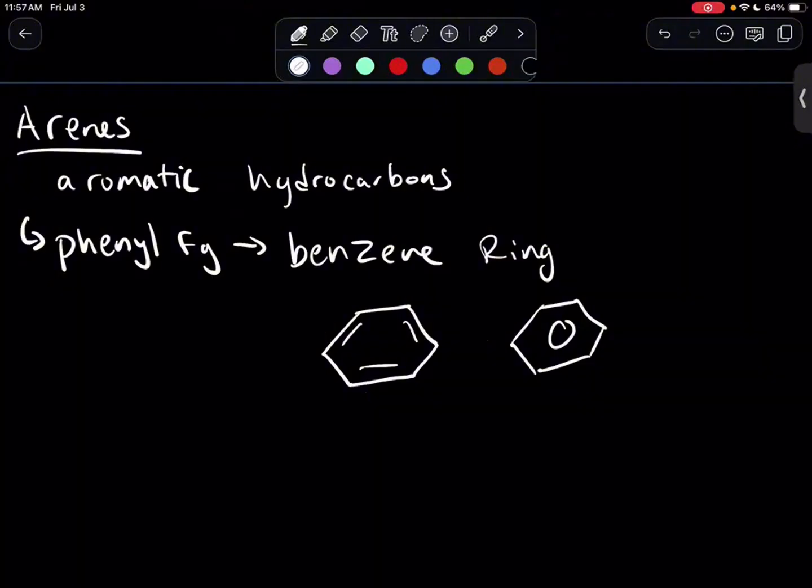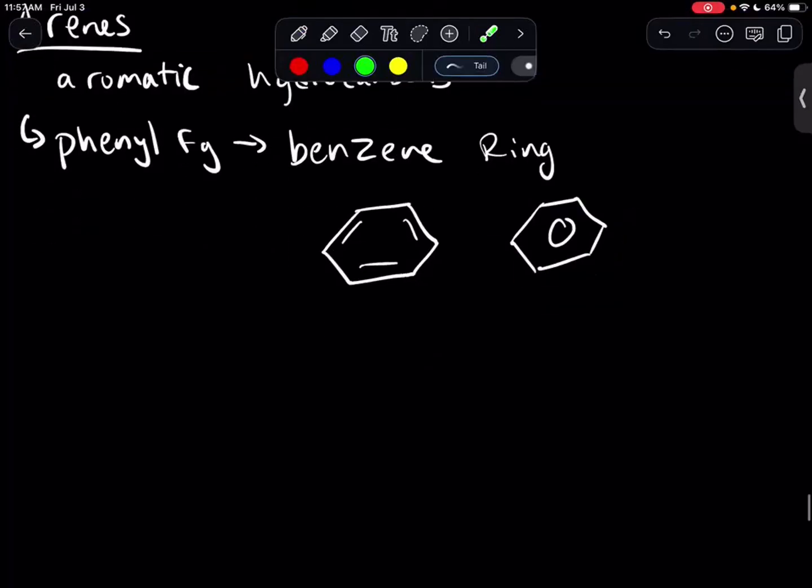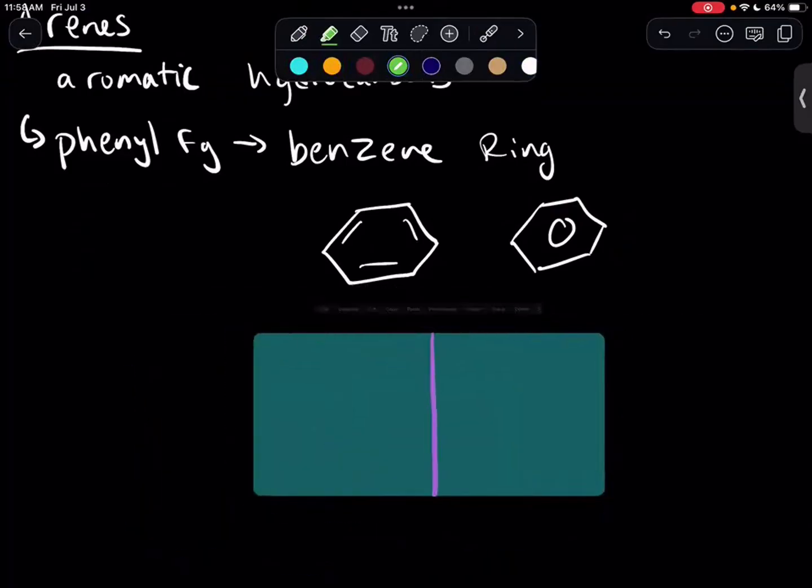And if you remember, that circle is the delocalized electrons that occur in these double bonds, both above and below the plane. Now, what we mean when we have a functional group of this, we'll draw it right here. We'll do both drawings actually. R bonded to our benzene ring.